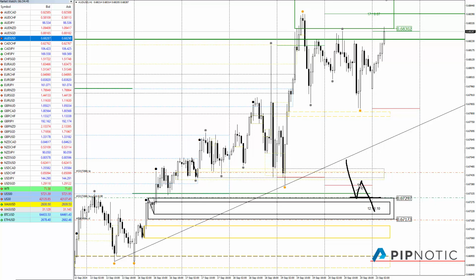And then what we need to do now is we need market structure to break. Okay, and why is that important? Well, market structure is just another way for us to assess supply and demand. Okay, so if we have price goes up, it goes down, and when prices go down, we're going to have some supply here.